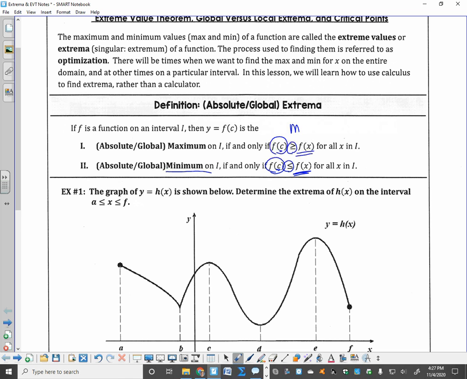So we would say that the max is whatever the y value is, and it occurs at whatever the x value is. And then the same thing for the min. Okay? So the y value is the max or the min, and the x value is where it happens.